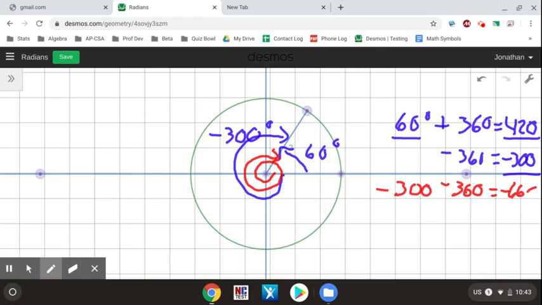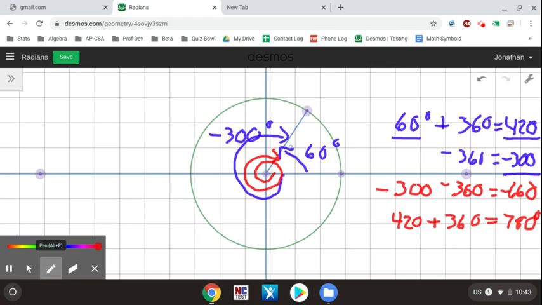Or on the other extreme, I could take the 420 and add another 360, and that would be a coterminal angle of 780. You can basically just spin around a little bit more. Maybe it's just for style. You're trying to think you're a snowboarder or something, and you just like spinning around in circles. But 780 basically means I spin around once, I spin around again.